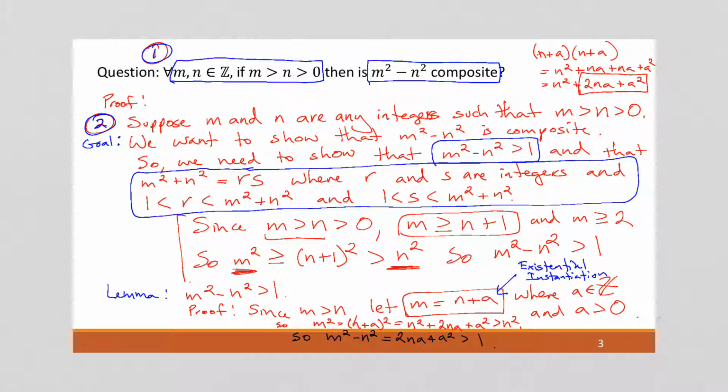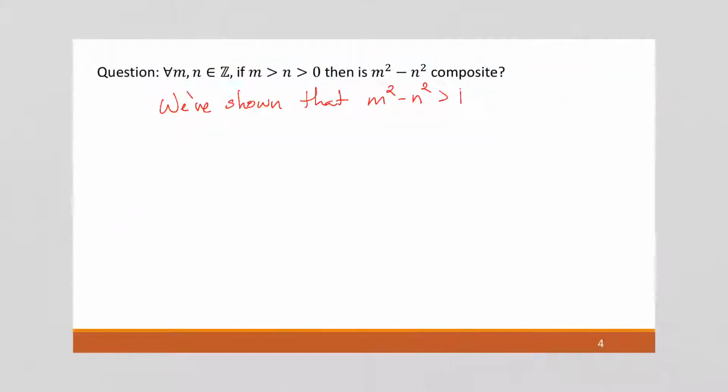All right, there's the two parts. We've shown the first part. Now we have to show that there are two integers, r and s, that when multiplied together give m squared plus n squared. And those r and s are between 1 and m squared plus n squared. Okay.